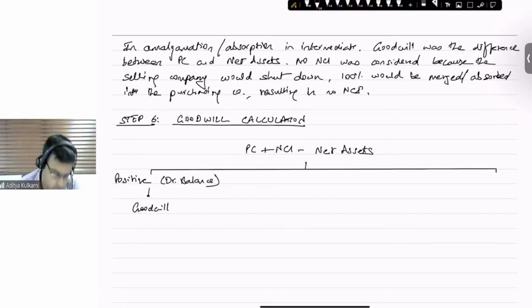Ideally, it's fine. No recheck, reassessment, nothing is needed here. If it is negative, that is credit balance, the standard setters recognize that this is extremely rare.